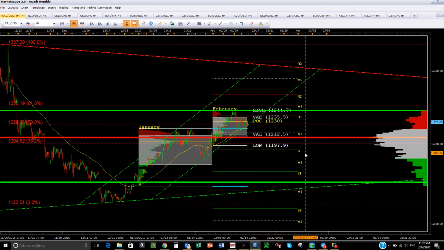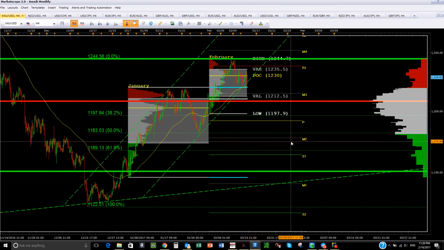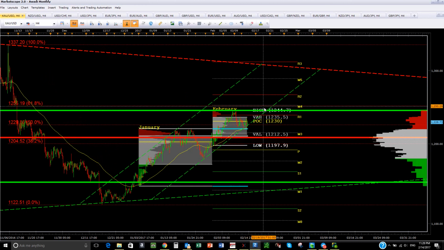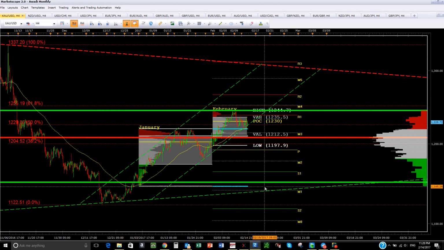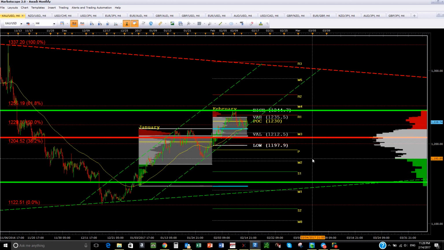So as you can see, this is my simple analysis for support and resistance and the internal channel inside the main support and resistance for the gold.